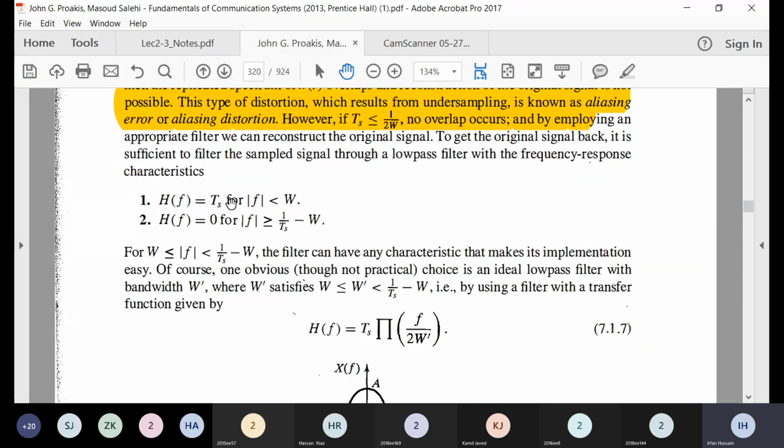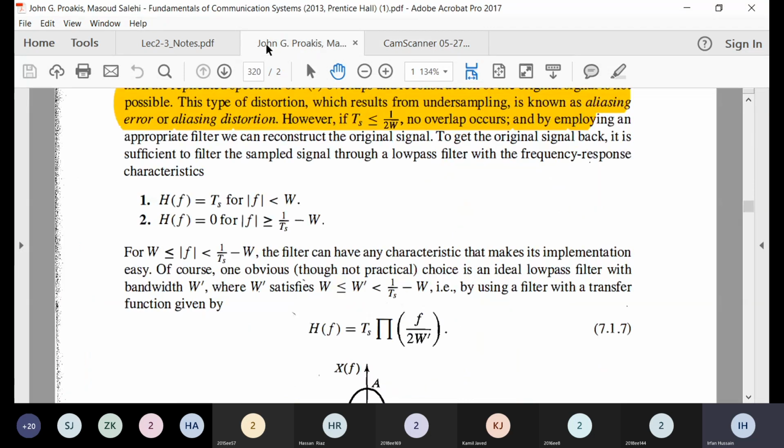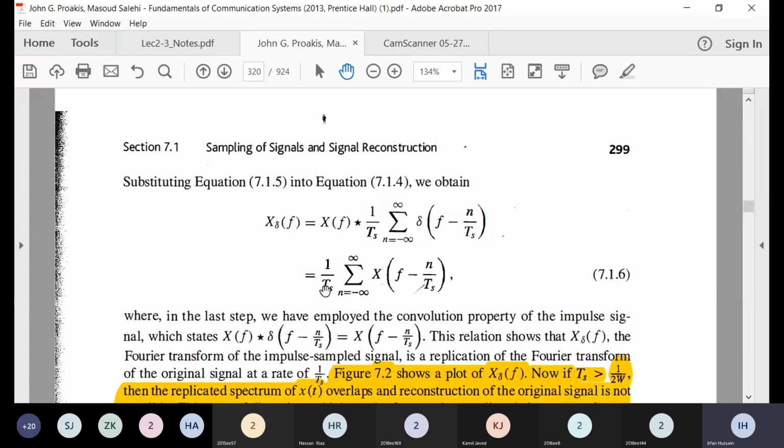So the condition is that the reconstruction filter is definitely 0 for frequencies greater than 1 over Ts minus W. In between you could have any choice, but definitely from 0 to W it must be equal to Ts, because your spectrum at this point, as we just saw, is 1 over Ts.